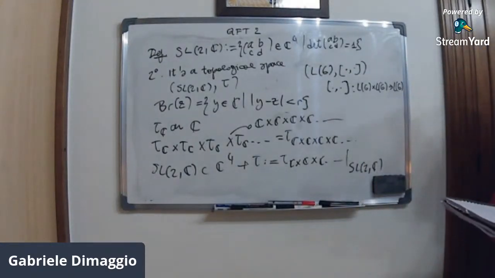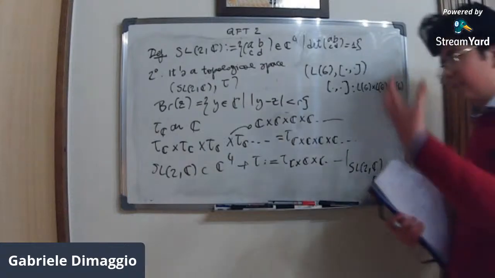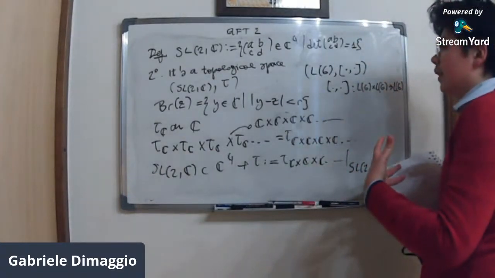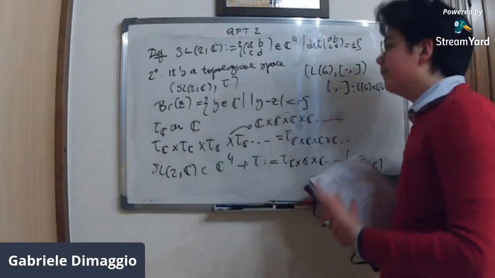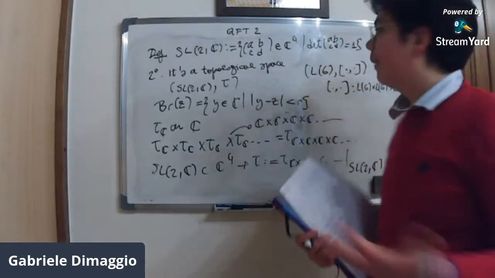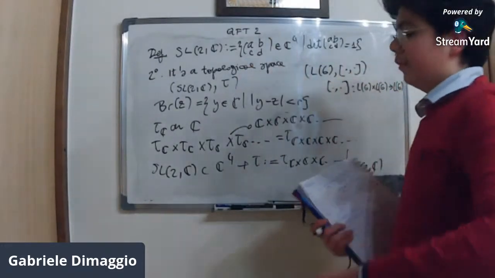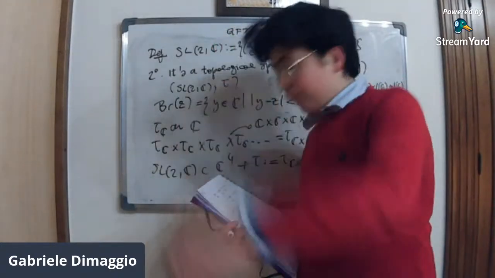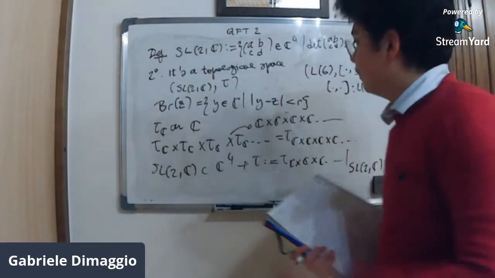This is a particular theorem. Why? Because thanks to this theorem, I can resolve many problems about these topics, for example, find the generators of a Lie algebra, and so on.